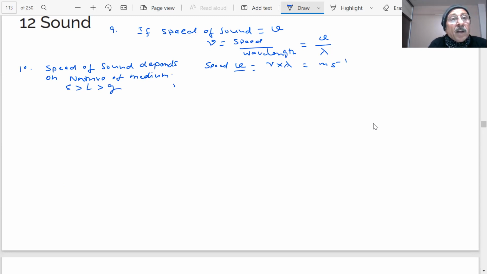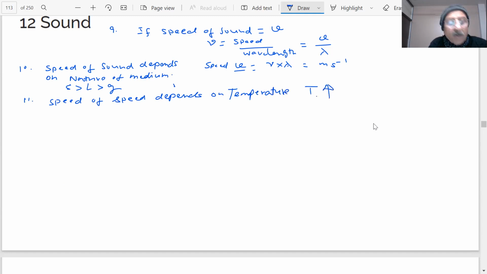Yes, sir. And the speed of sound depends on temperature. If we increase the temperature, the speed of sound increases, because with temperature the number of vibrations per second increases.